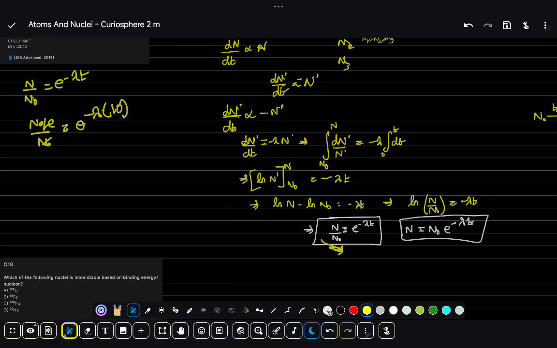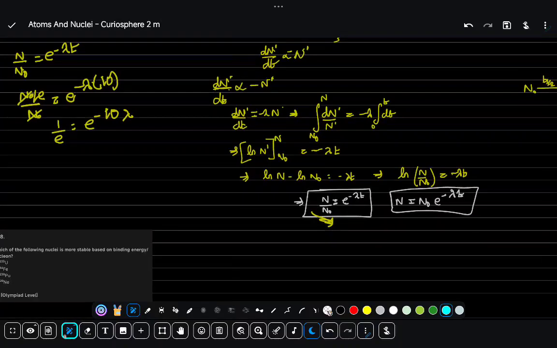The n naught will get cancelled. It will be 1 by e equals e power minus lambda times 10, or e power minus 10 lambda. Okay, yeah.